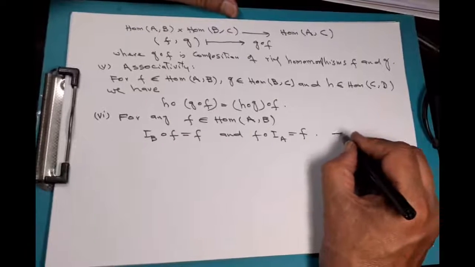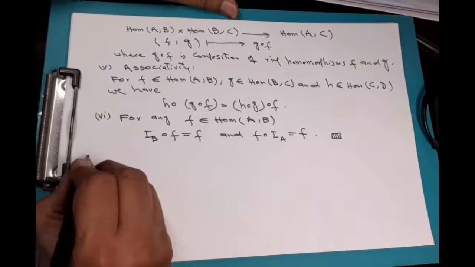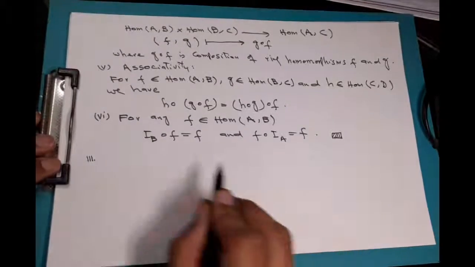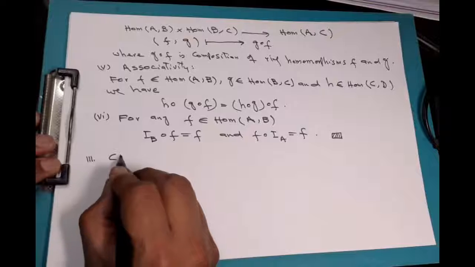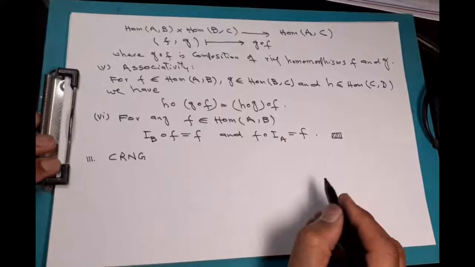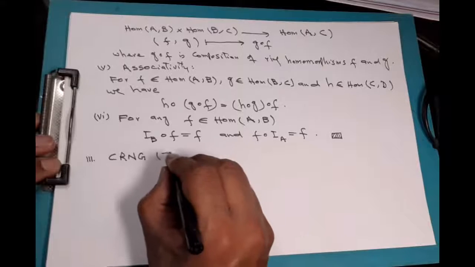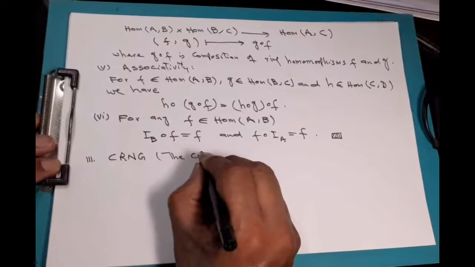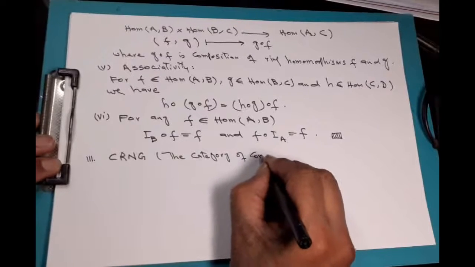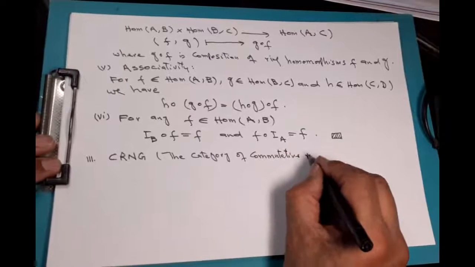So we can have more examples. In fact, there are many examples. So let's take this particular example, and we denote it by CRng. This means the category of commutative rings and ring homomorphisms.